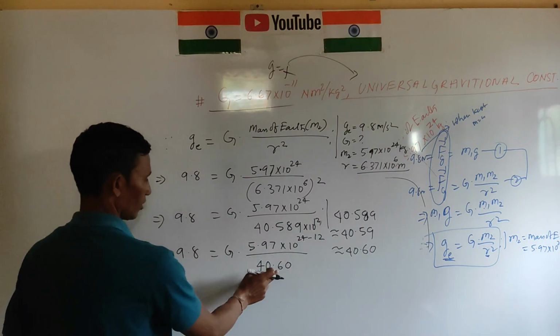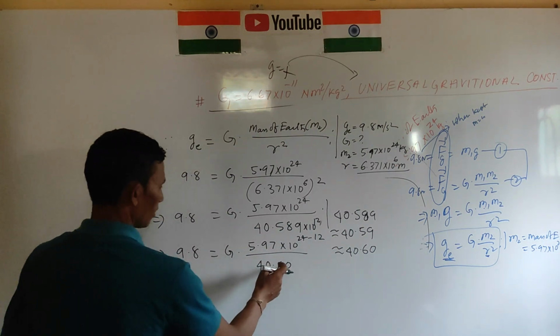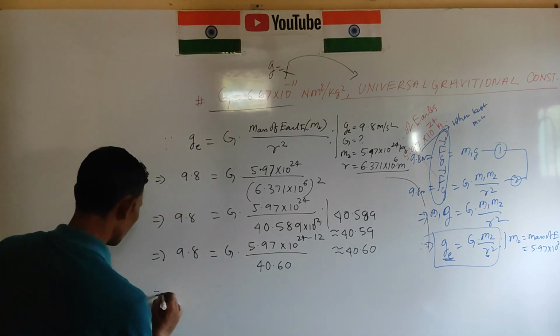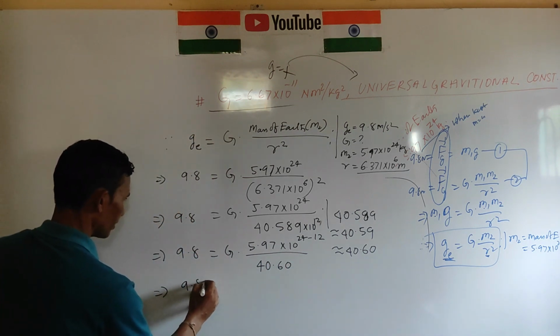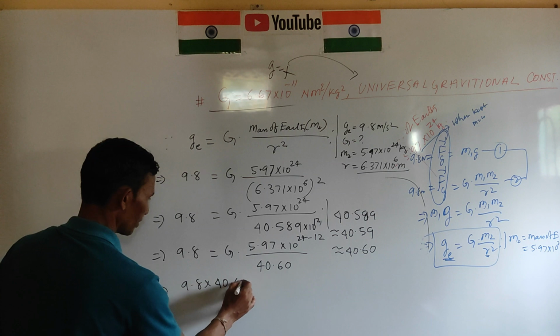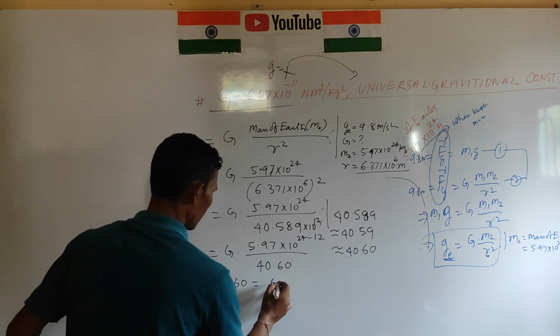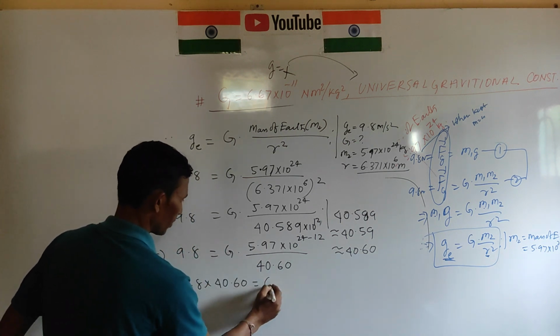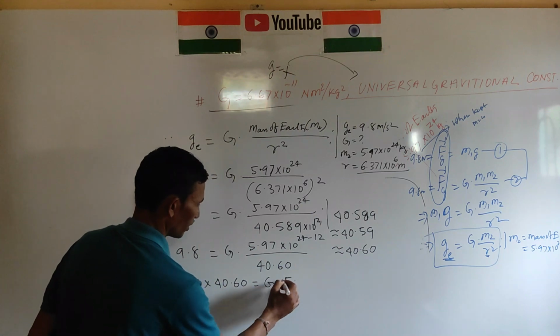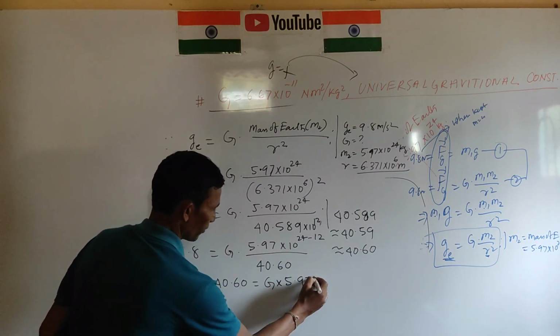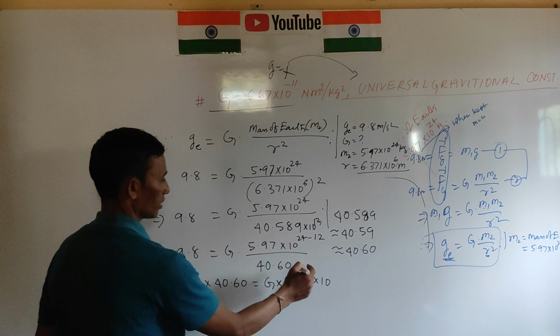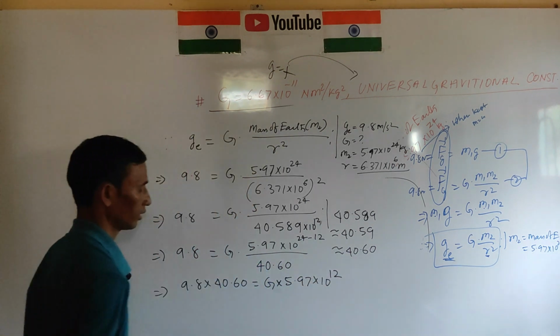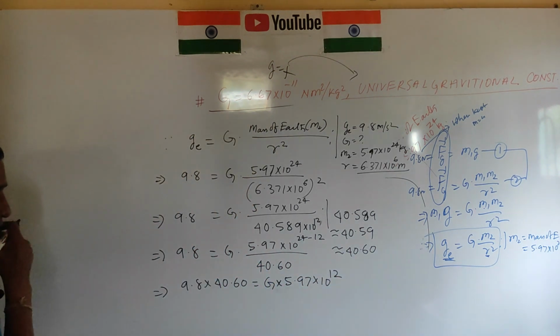We consider 40.60 here. Now the value will be how much? 9.8 into 40.60 equal to 6 G. G, capital G equal to 5.97 into 10 to the power how much? That is 12.